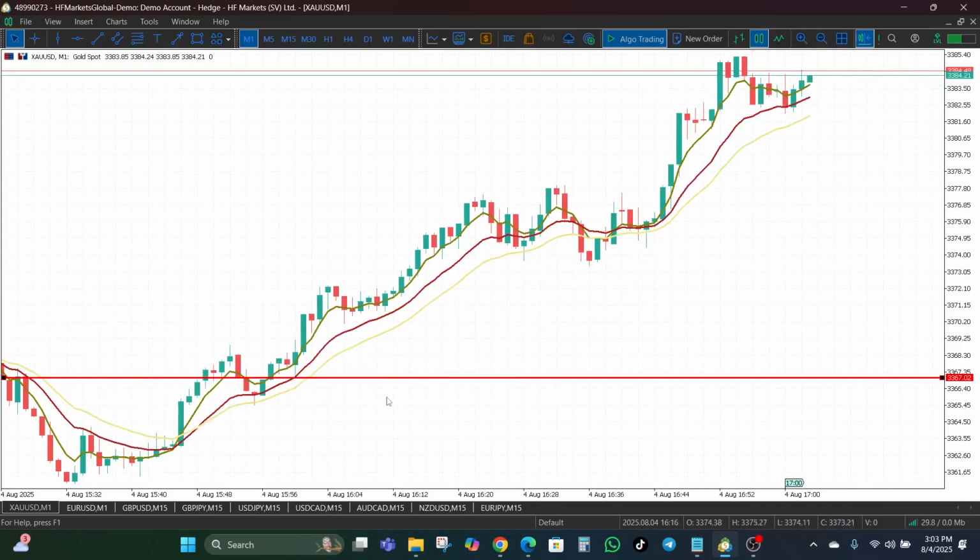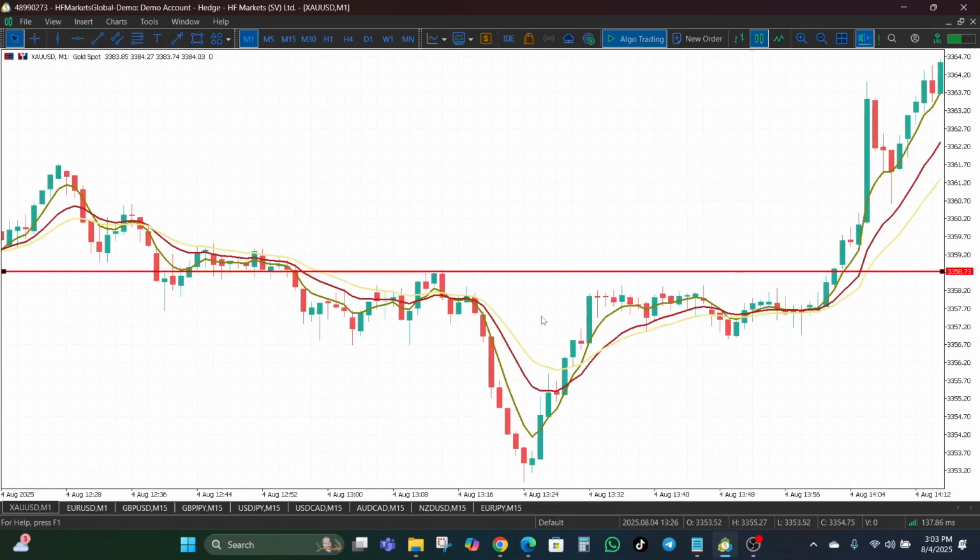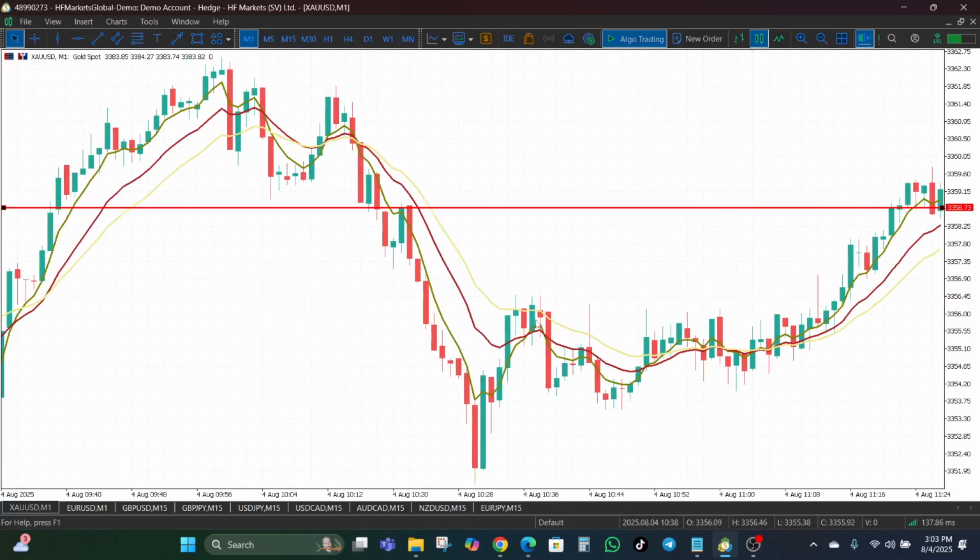For your exit, you can decide to ride the move until you have bearish crossovers from the moving averages, or you can just decide to use a fixed risk to reward ratio, maybe 1 to 2, 1 to 3, depending on your trading style. In the case of a sell, you can just ride the move all the way until you have a crossover to the upside.